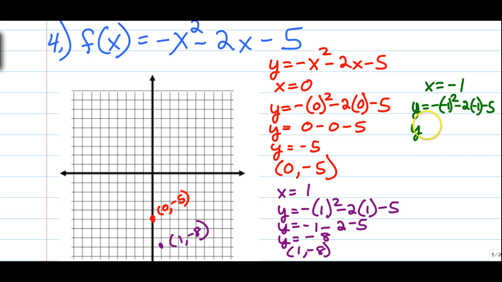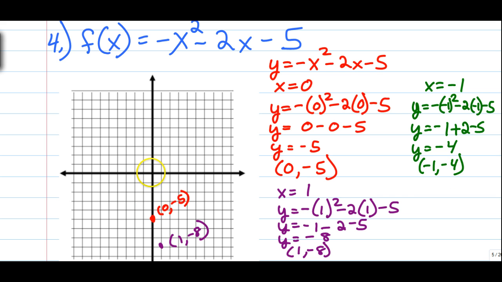So then y is equal to -1 plus 2 minus 5. So y is equal to -4. So in this case, my ordered pair is (-1, -4).